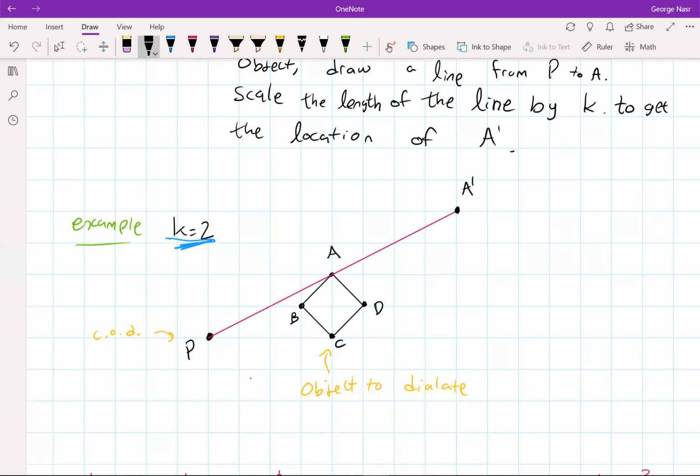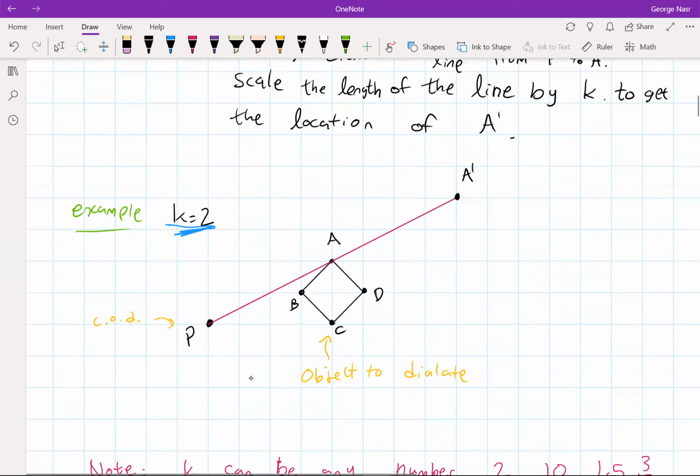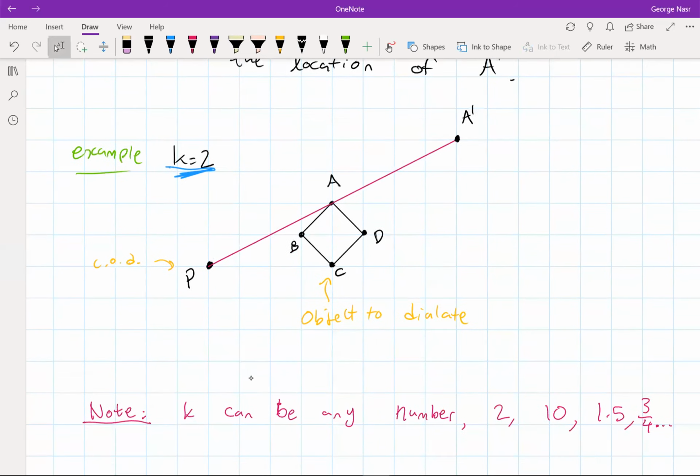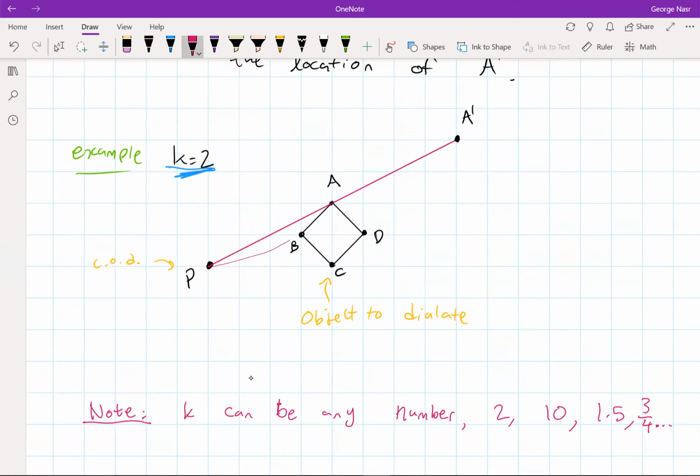I have to do this for every point in the object, but for similar reasons to other things we've discussed, I only really need to do this for the four points that I've labeled in this picture: A, B, C, D. If I do that for B, here is the line from P to B. I'm just going to double its length, and that's where the point B prime lands.